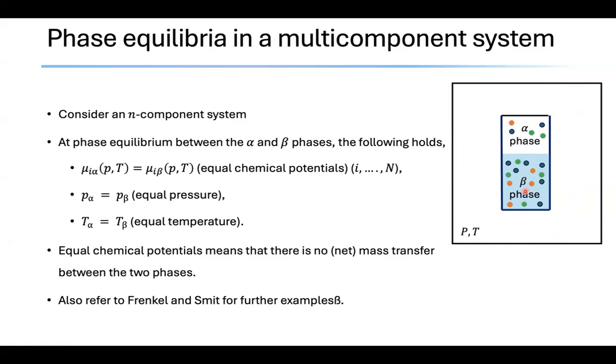For simplicity, you can assume that the alpha phase is a gaseous phase and the beta phase is a liquid phase. Since it's a multi-component mixture, both the alpha and the beta phases will contain all the n components of the system.